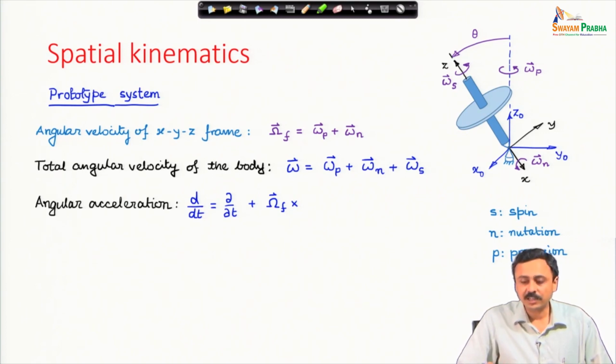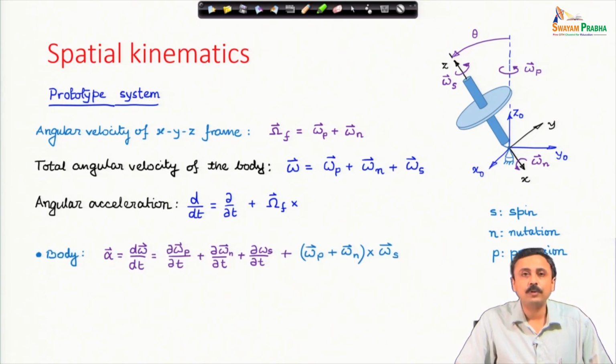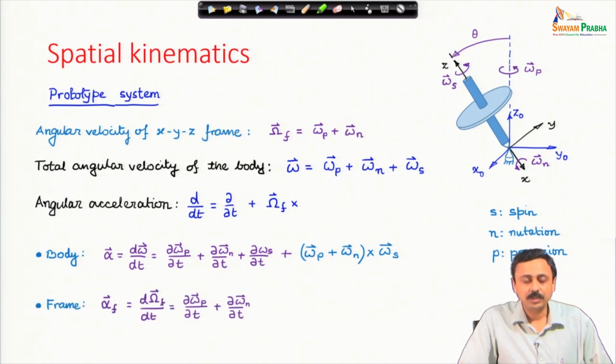Therefore, del del t is the local derivative as observed by the local observer, and because of the frame rotation we have the total rate of change of a vector with respect to time, which is given by omega frame cross. We had used that to find the angular acceleration of the body by differentiating the angular velocity of the body, and also found the angular acceleration of the frame. Everything followed this prescription of d dt is equal to del del t plus omega f cross.